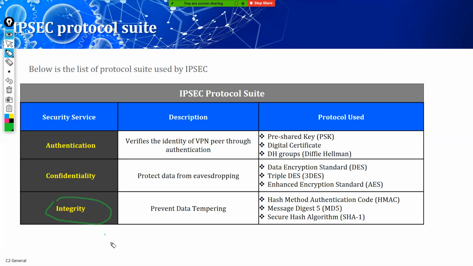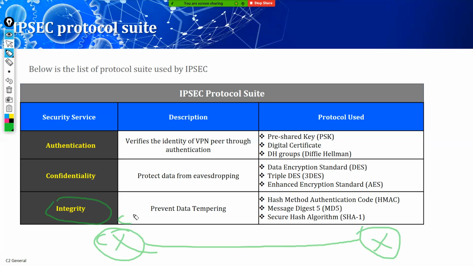For example, we have two routers, router A and router B, and I am sending CCNP from this router. Once it is received at the far end, it is converted to CCNB instead of CCNP.